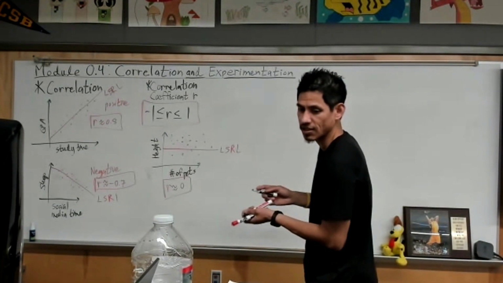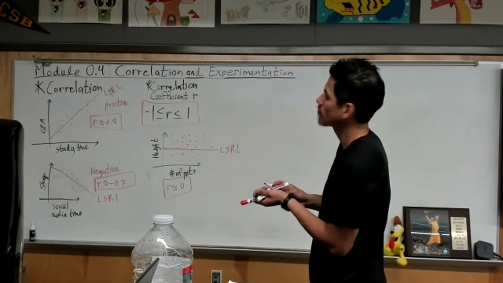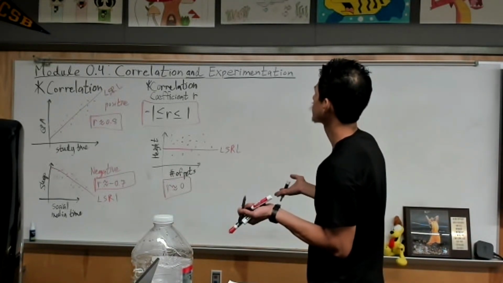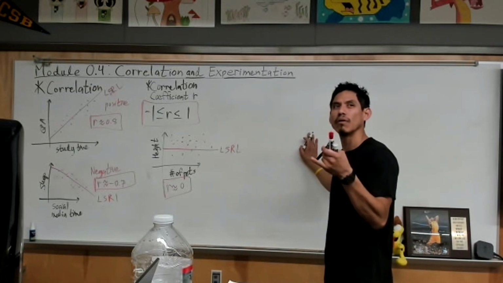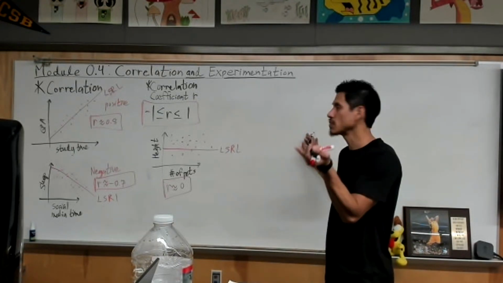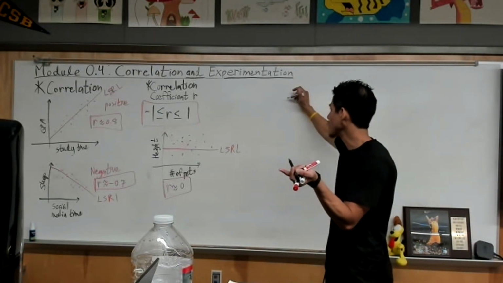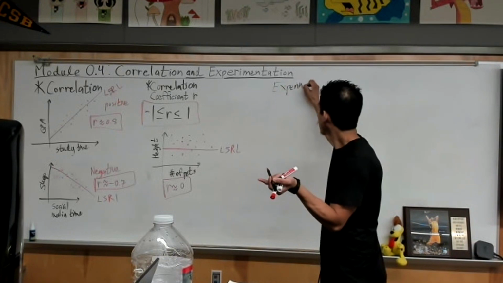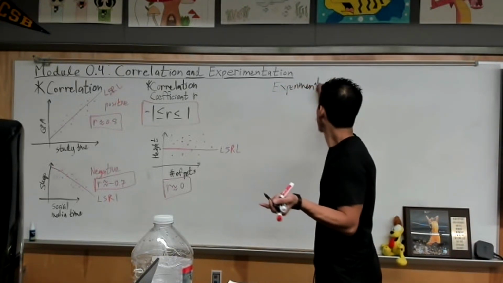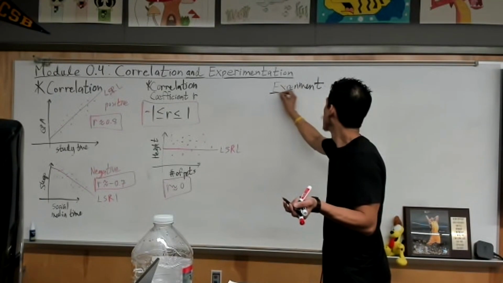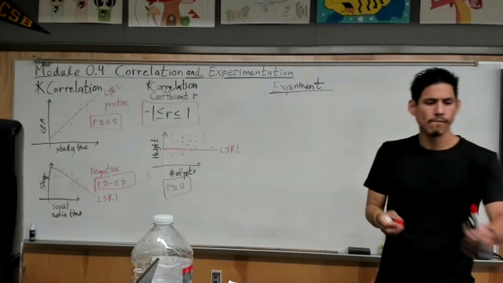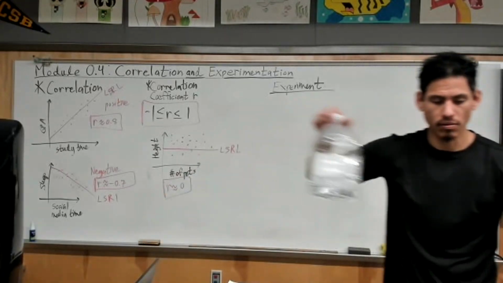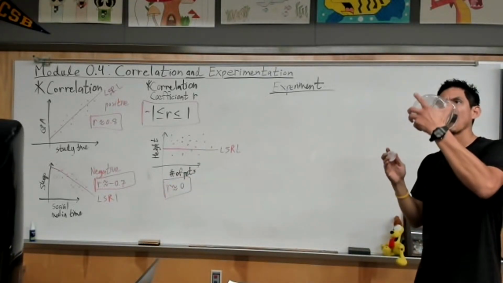All right, now let's look at an experiment. It's an experiment I was mentioning earlier. It was about the amount of time you talk about your personal life and how well the students do in your class.